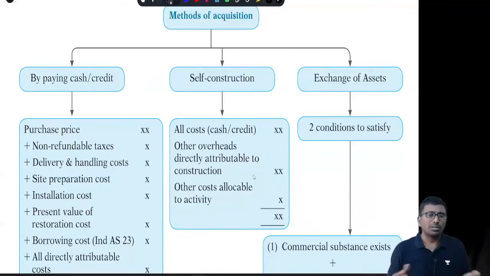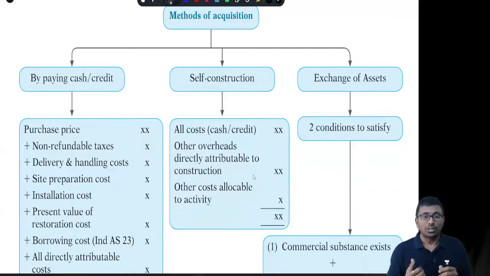Directly attributable means it is incurred because of the PPE, one way to say. The other way to say, if I had not bought the PPE, I would not have incurred it. Generally the second way will give the right answer. Incurred because of PPE is the straight way of saying.